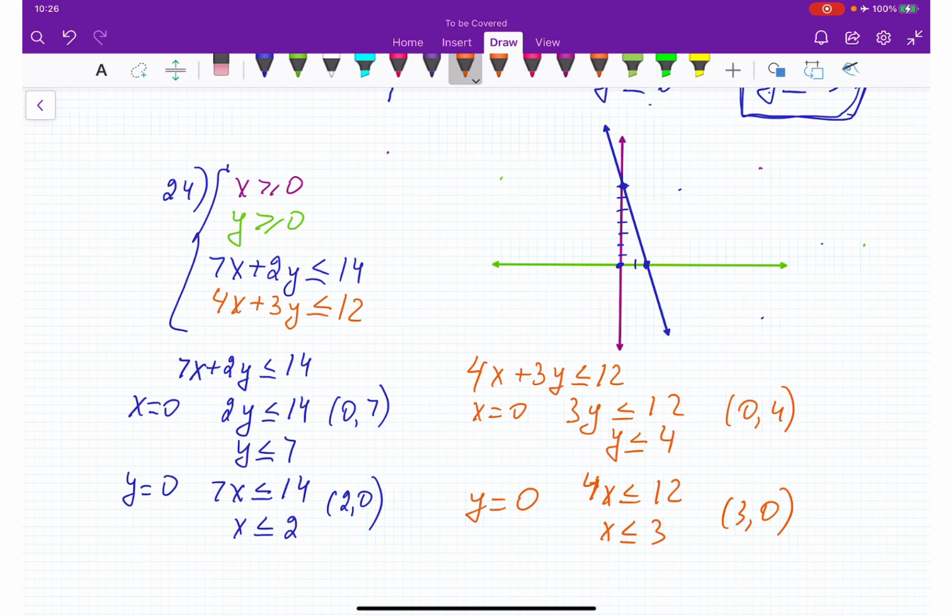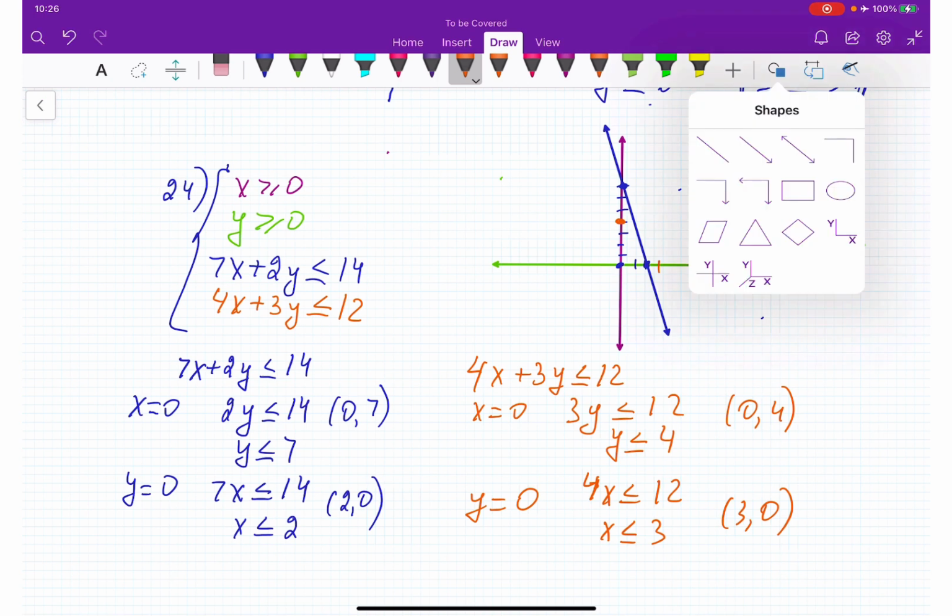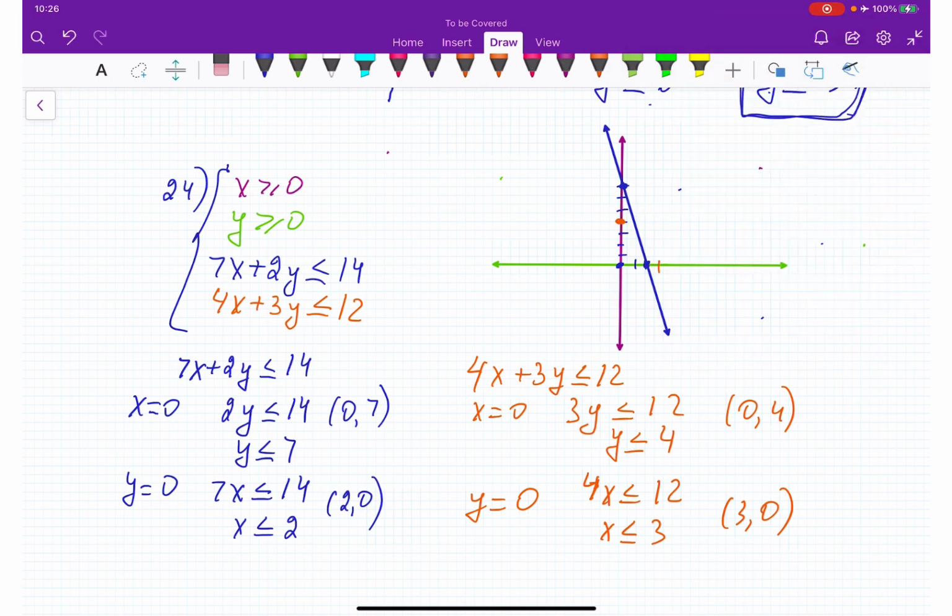Y is 4: 1, 2, 3, this is 4, and x is 3. So this is 3, this is 4, this is 7, and this one is 2.